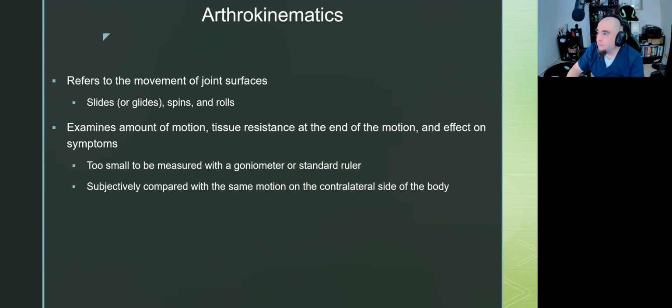We're going to talk about two things with documentation here that you'll see a lot on charts. These two abbreviations, WNL and WFL. What does WNL mean? Does anyone have an idea?